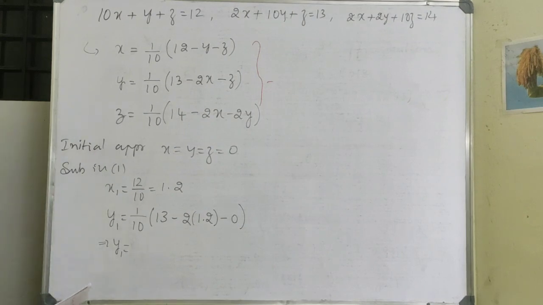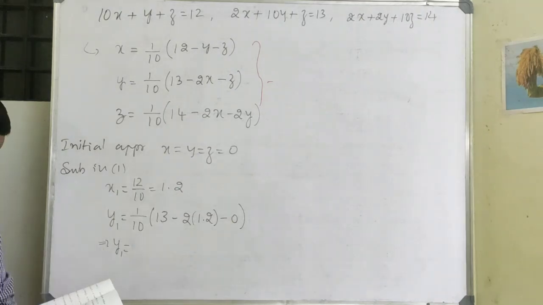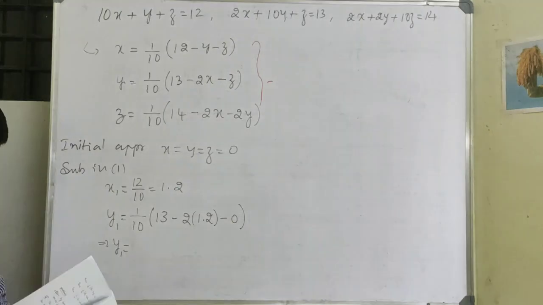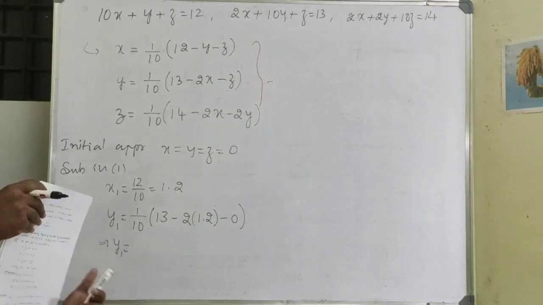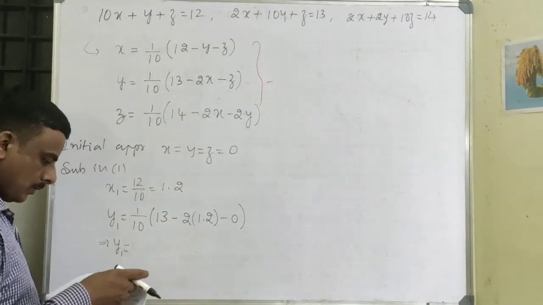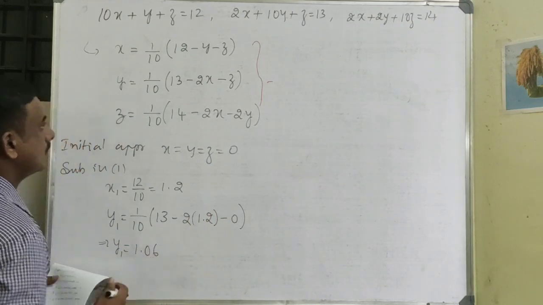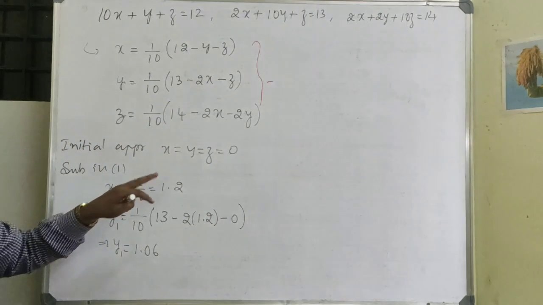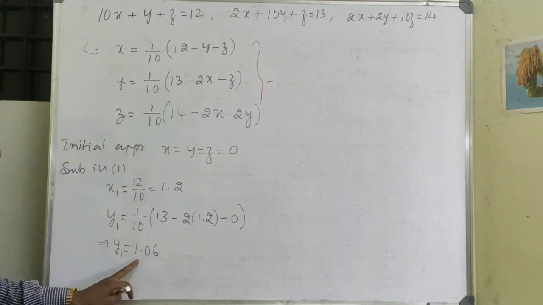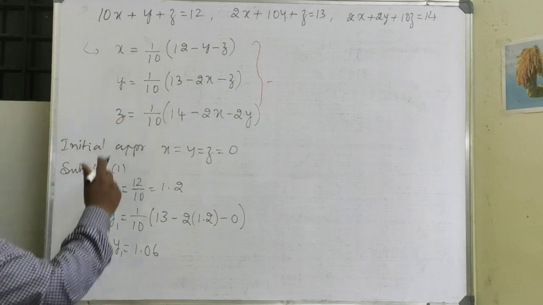So simplifying that, you get the value of y1 to be 1.06. Earlier, when we did the Gauss-Jacobi method, we got 1.3. Now the y1 value is 1.06. Next, I want to find z1.